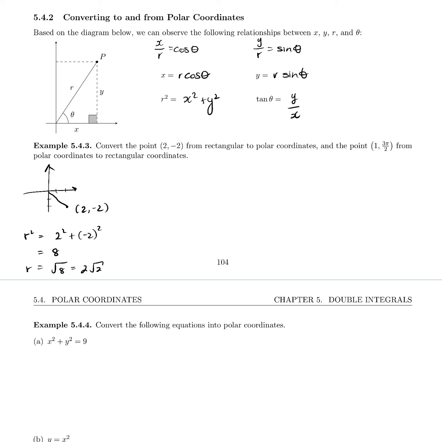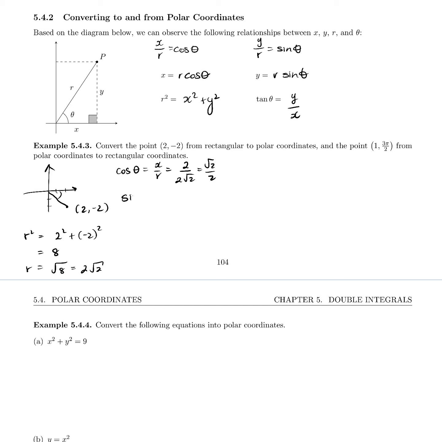We also need the angle theta, and we can see in the diagram that it's an angle of 45 degrees, or minus pi over 4. But let's use the relationships. We know that the cosine of theta is x over r, which is 2 over 2 root 2, or 1 over root 2, which is root 2 over 2.